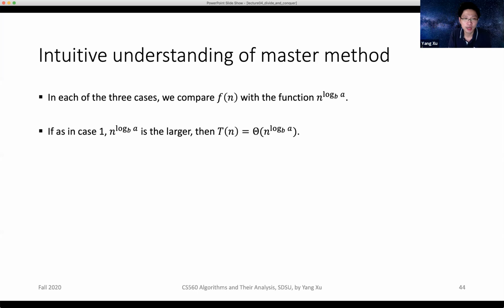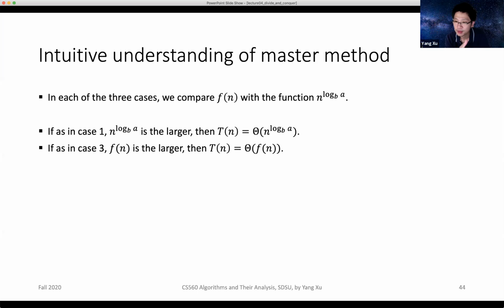In case 1, the polynomial term is larger, or it is the higher upper bound. Then the final solution is bounded by the polynomial term. And in case 3, the function f of n is larger or is higher. Then the solution is bounded by the function f of n.